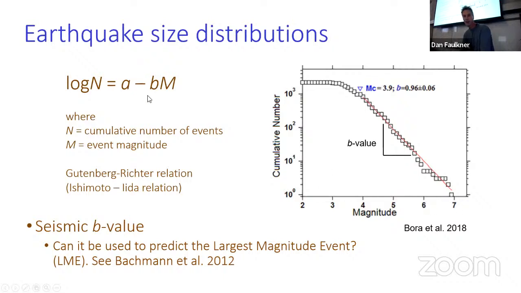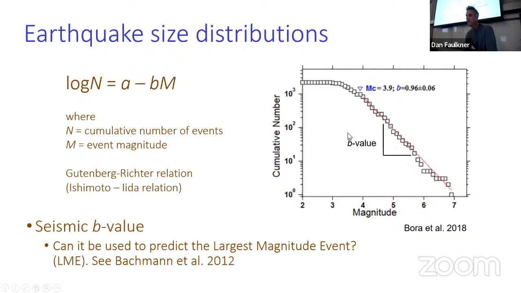That's described by this equation, which I'm sure a lot of you have heard of, the Gutenberg-Richter relationship. It was also probably discovered before Gutenberg and Richter by some Japanese seismologists, Ishimoto and Iida.